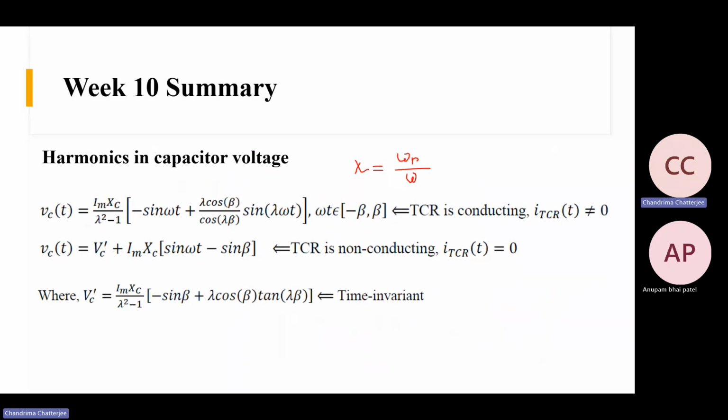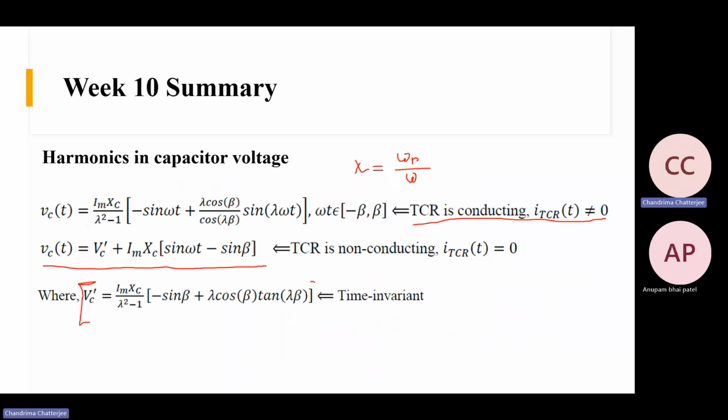This expression we already got when TCR is conducting, right? This is when TCR is conducting. And when TCR is non-conducting, in that case ITCR is 0, then the expression of the voltage is something like this. And there is a constant VC dash, and VC dash we can write like this.